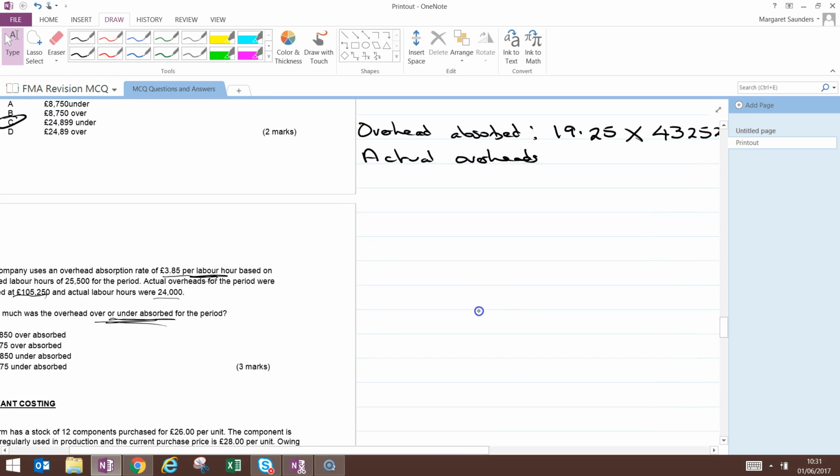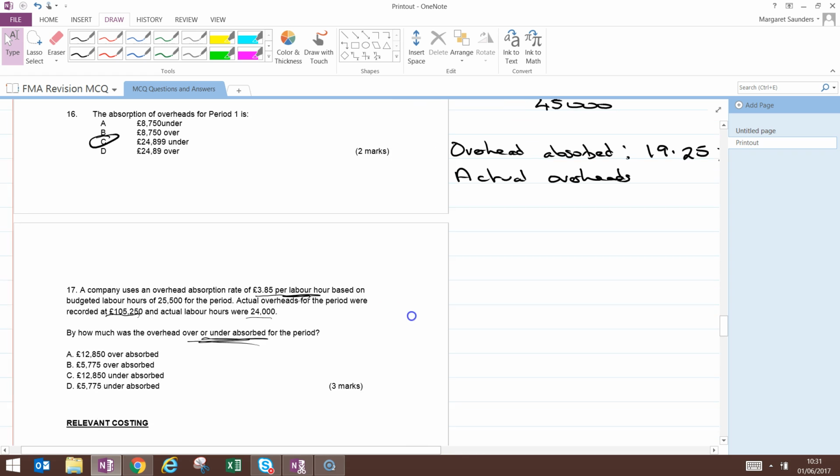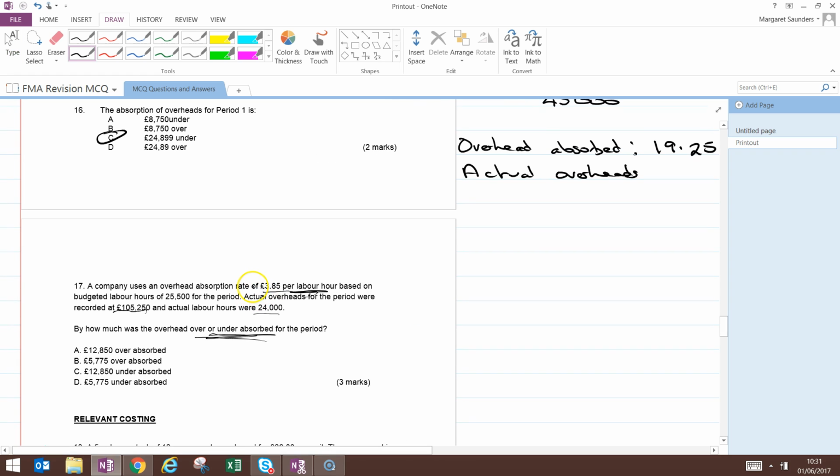So if you just look back at the workings for the previous question, to work out the overhead absorbed, I took the overhead absorption rate and multiplied it by actual activity. So overhead absorption rate £3.85, multiply it by actual activity. It's £3.85 per labour hour, so we need actual labour hours, 24,000.